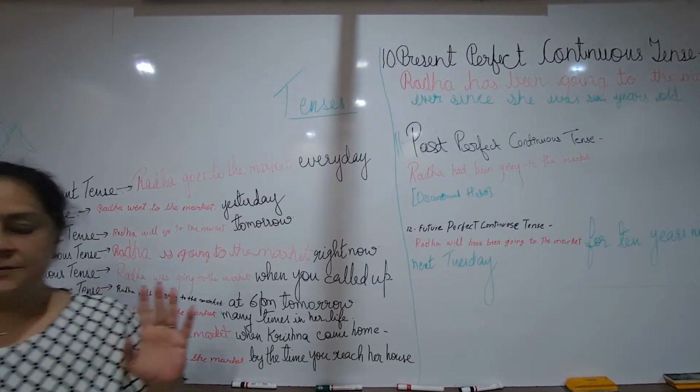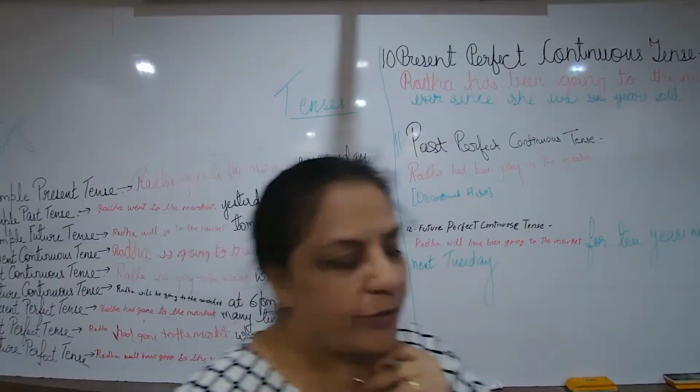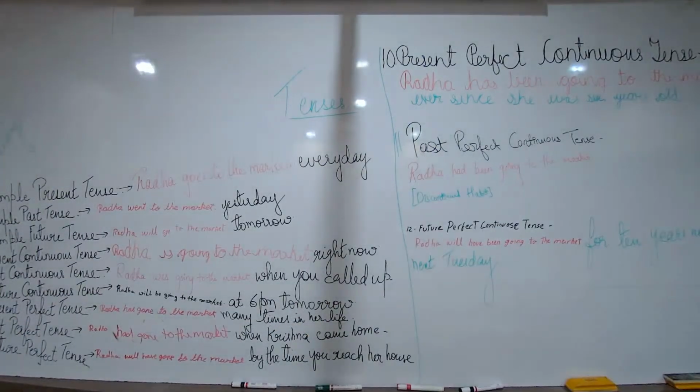Children often make this mistake. When you are doing summary, you have to maintain the past tense and you have to maintain the reported speech. We will do reported speech as a topic also. And what is the reported speech? Indirect speech.